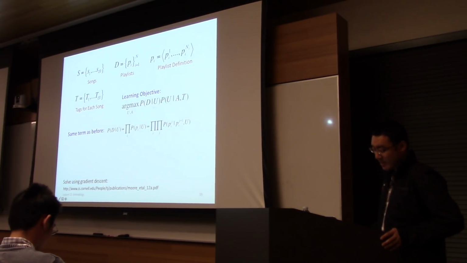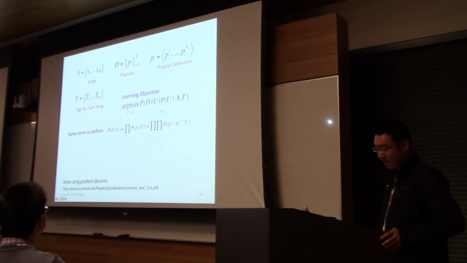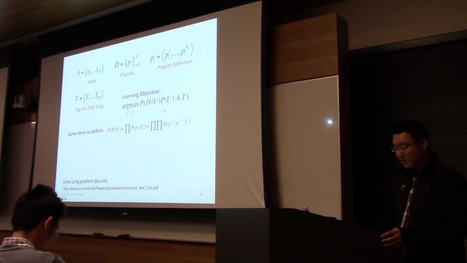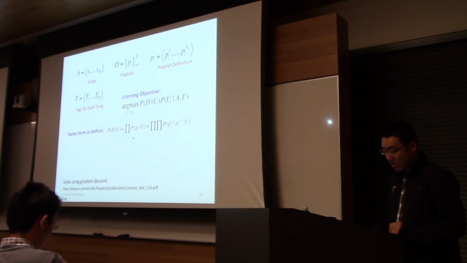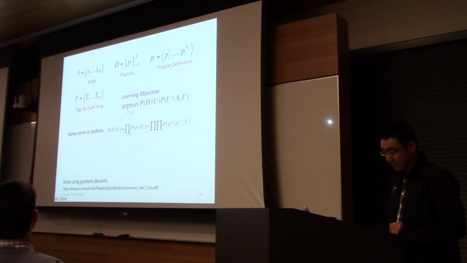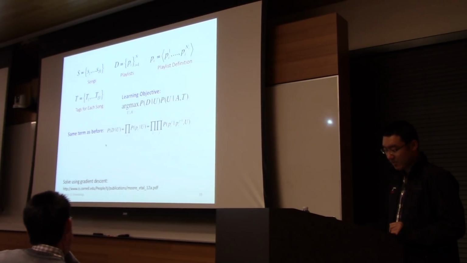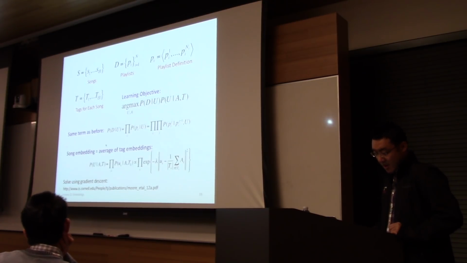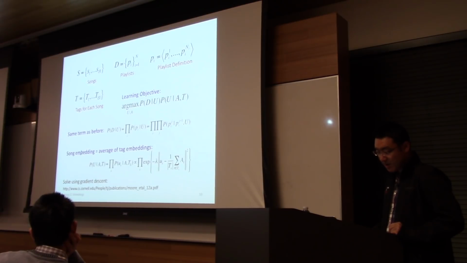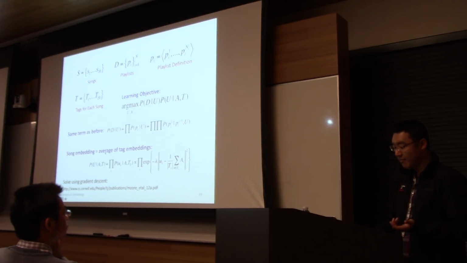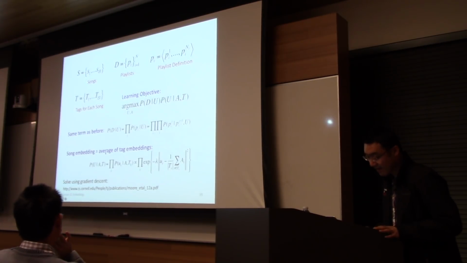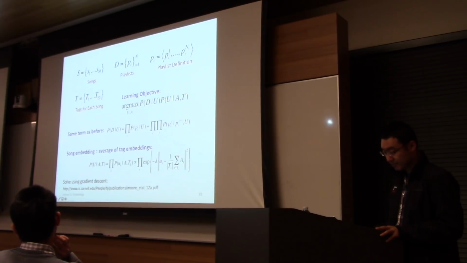And so the learning objective is to maximize the probability of tags and playlists. So this part is the same as before, right? Just over playlists. The song embedding, right, we want it to be approximately equal to the average of the tag embeddings, right?